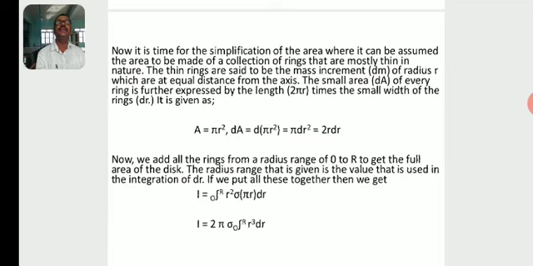To get the full area of the disk, this radius range is used as the limit in the integration of dr.